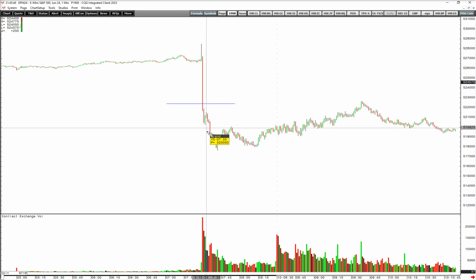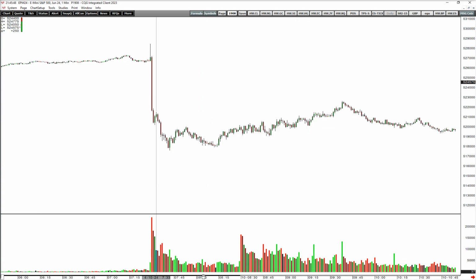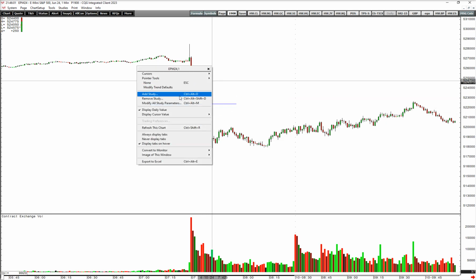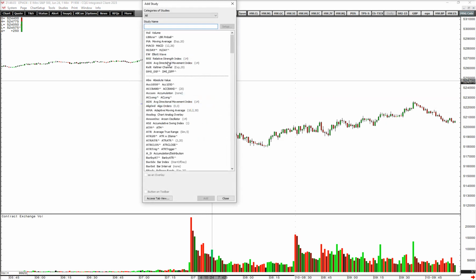And that's what led to this further sell-off. And this first little 1 minute bar is out of sequence. By out of sequence, I mean it has a higher high and a higher low than the previous bar. We can add our Gann count back on there.